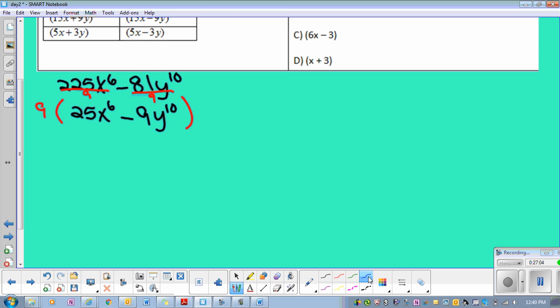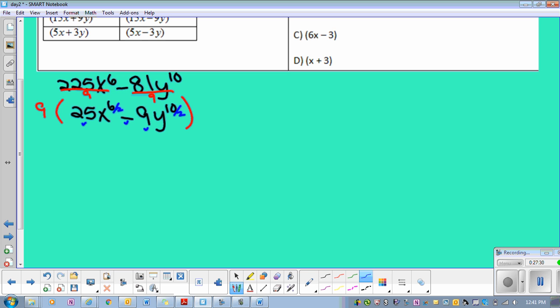Because 25 is a perfect square. 9 is a perfect square. There's a subtract in the middle. Now, x to the 6. Guys, you can take the square root of even exponents. Because all you have to do to take the square root of x to the 6 is divide that by 2. You can take the square root of y to the 10th by dividing that exponent by 2.